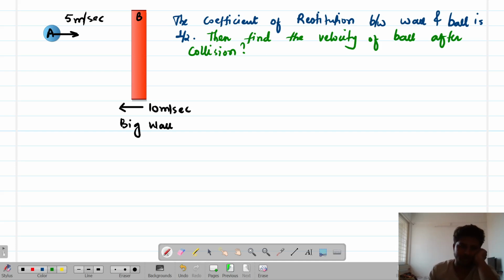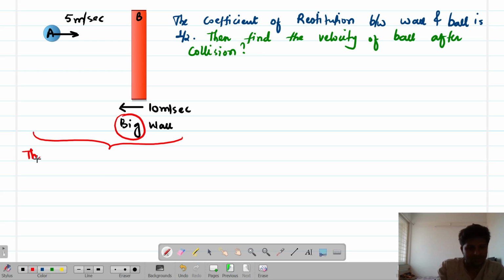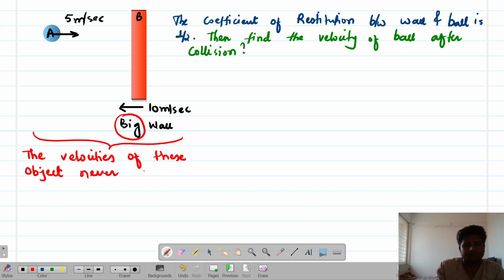Okay, one most important case you need to understand. Whenever this kind of question appears, with a wall or a big object or something like that, that means the velocities of these objects never change.